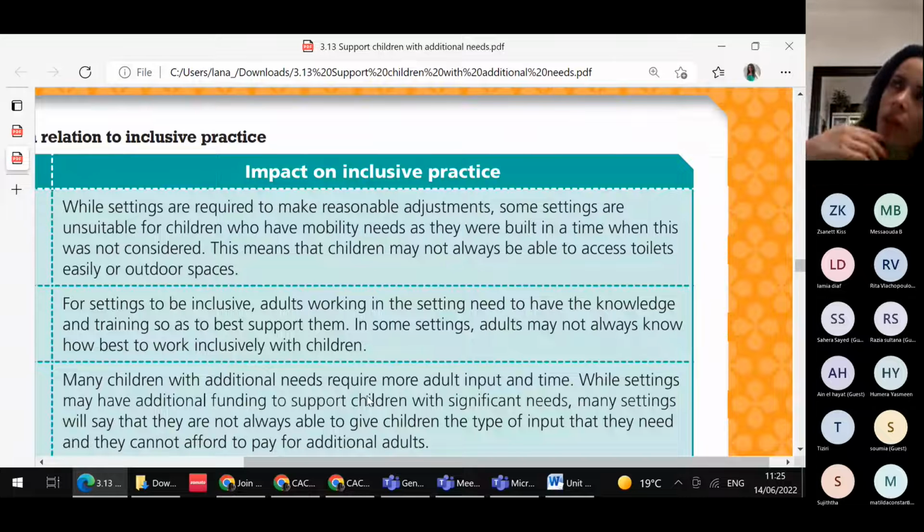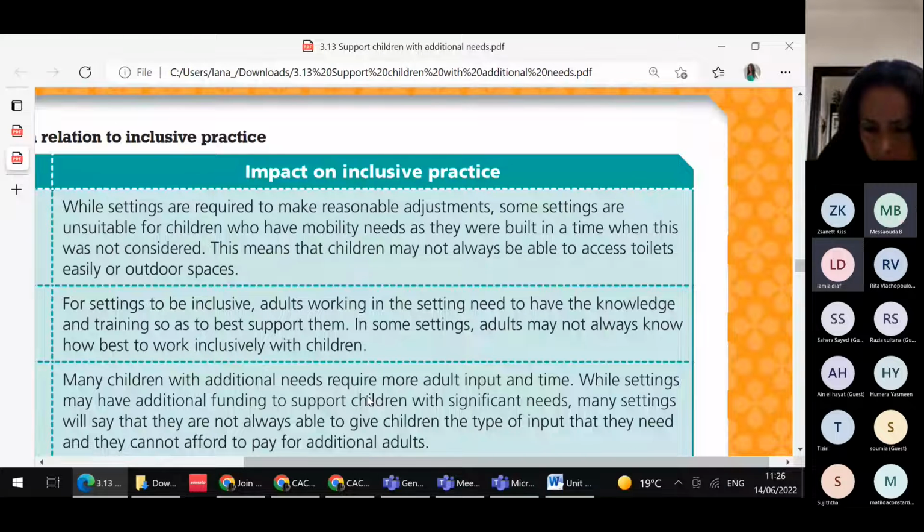Can you give me some examples of nurseries that are not suitable for the children? Say again, your voice is breaking up.